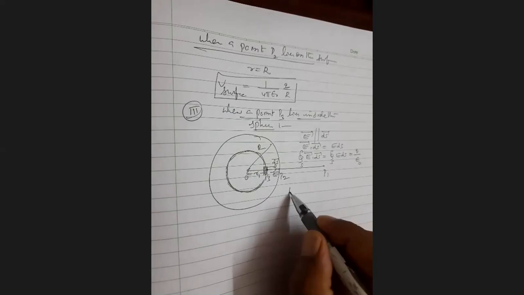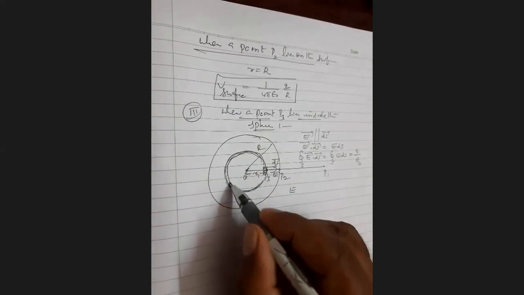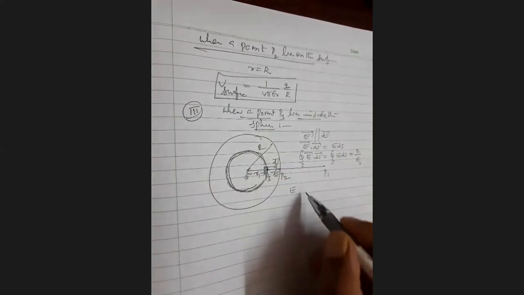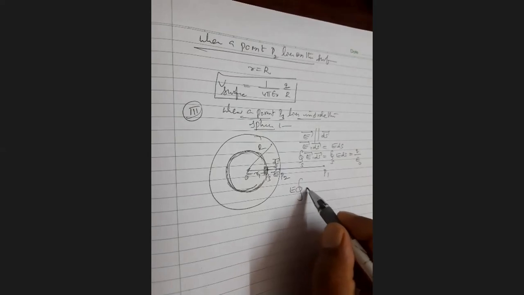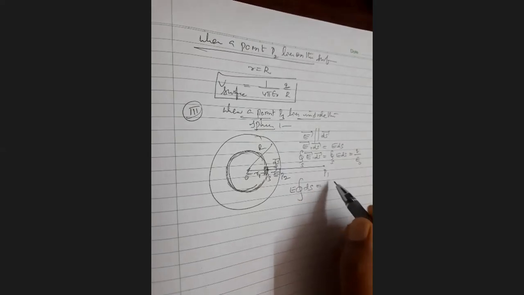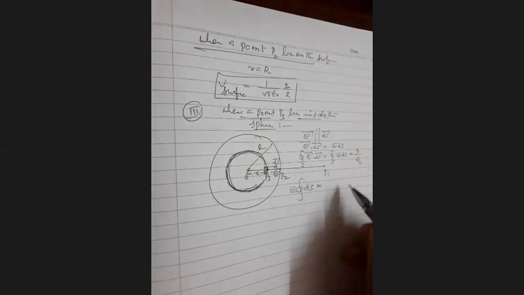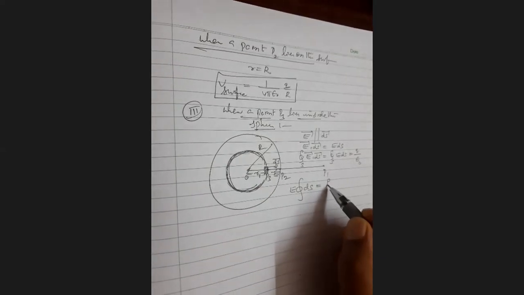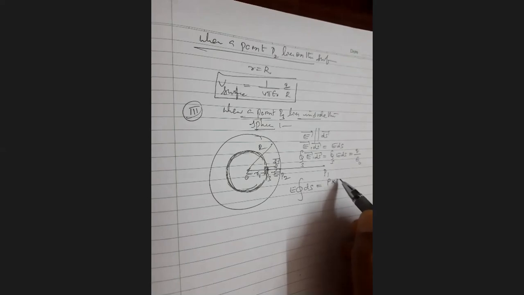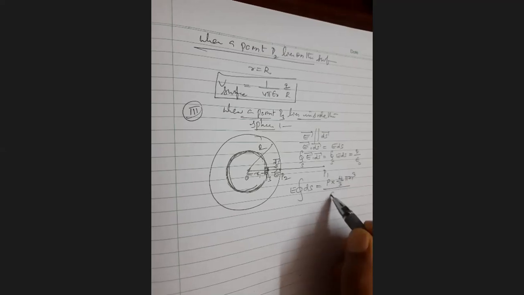Now field strength at every point on the surface is constant due to the symmetry. E into closed integral ds is equal to the charge enclosed by this one. How to write it: the volume charge density rho into the volume of that sphere, 4 by 3 pi r1 cube, by epsilon naught.